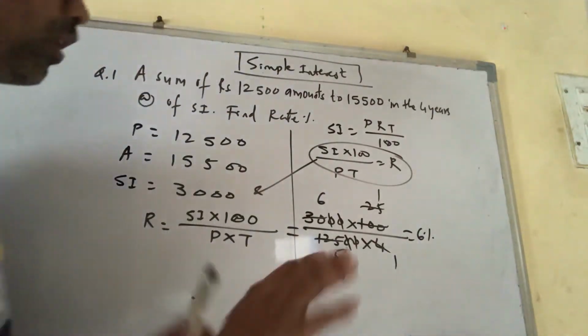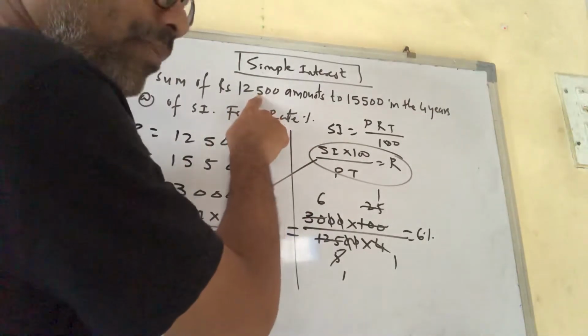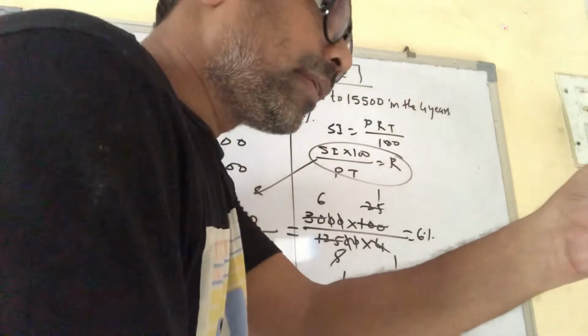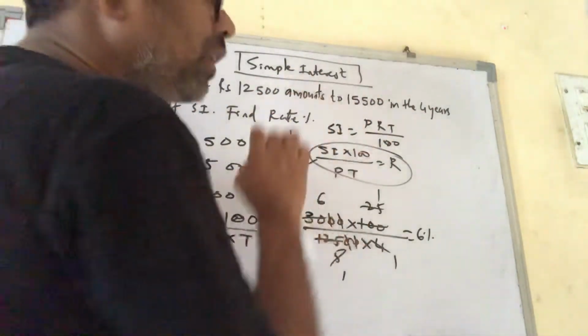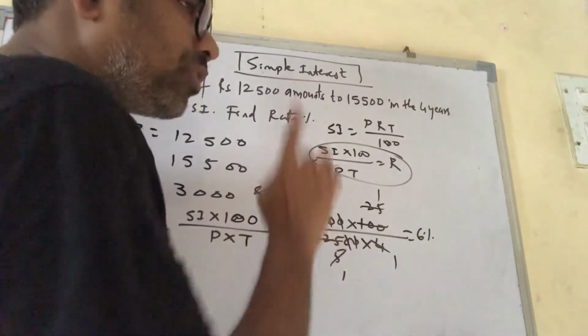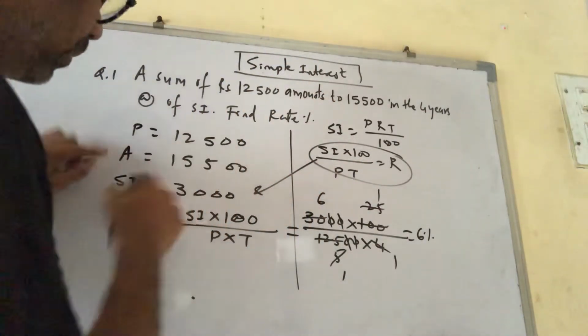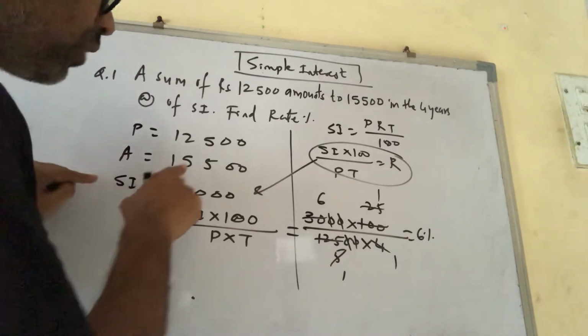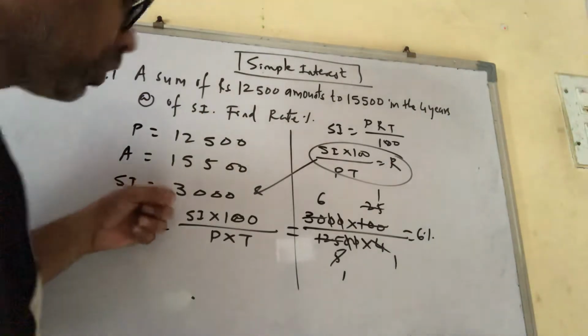Okay, so this is what we have done. We have just applied the formula. Principal we have 12,500. That becomes 15,500. Amounts to 15,500. This amount means what? Which includes your principal as well as interest. So amount minus principal, you will get simple interest, that is your 3,000. 15,500 minus 12,500, which is equal to your interest.